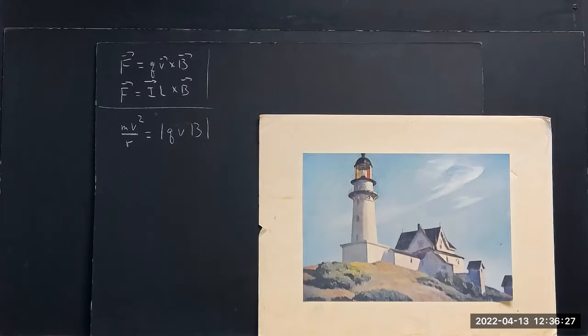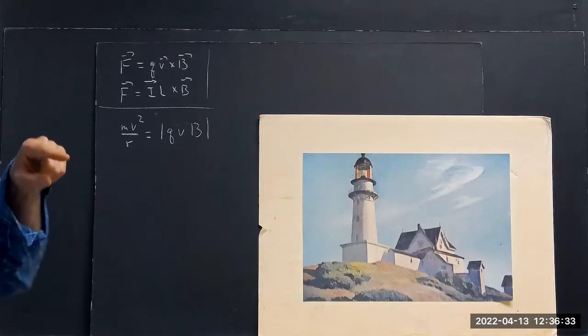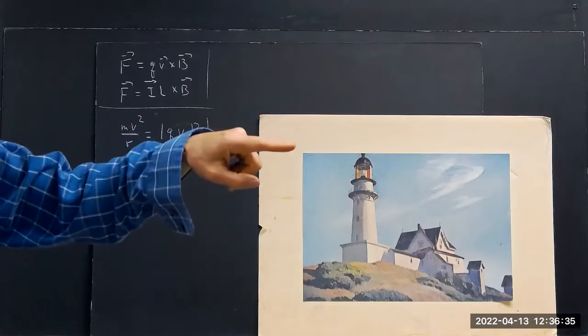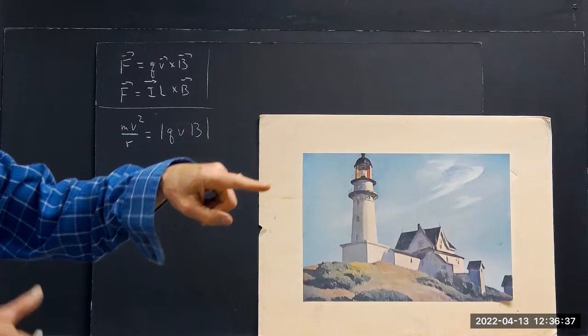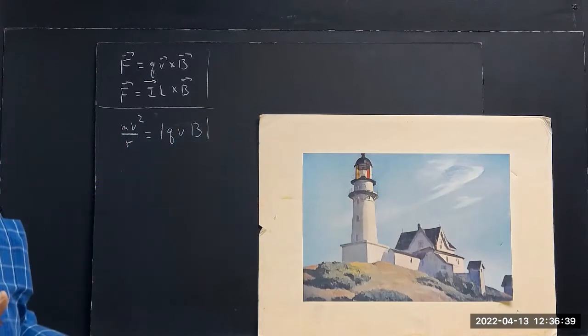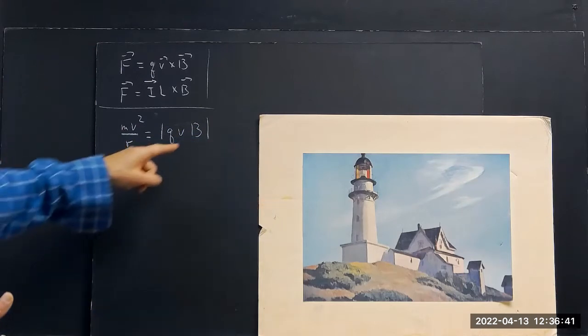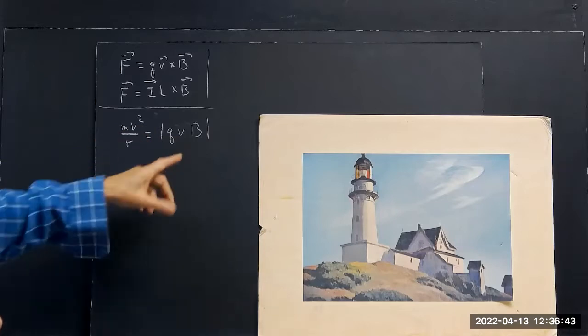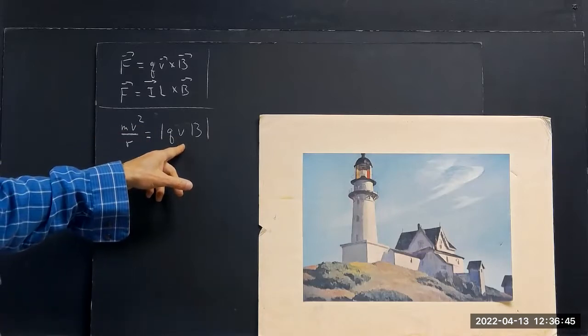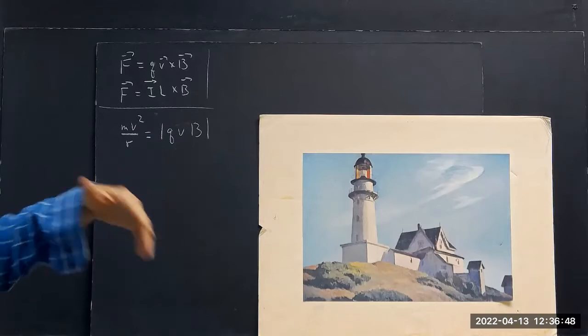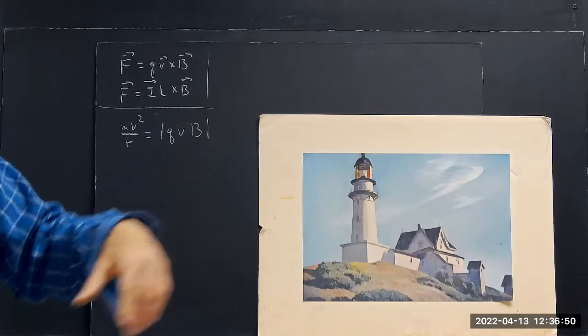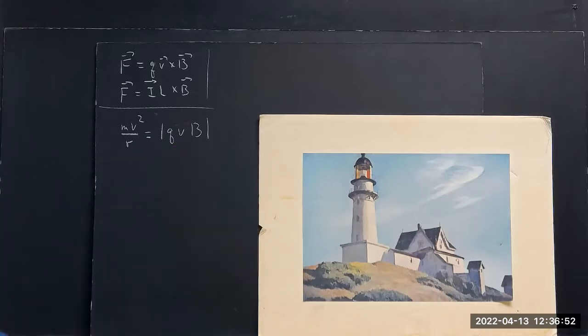The condition here is you've got a charge moving in some plane, and you've got a magnetic field perpendicular to the plane. Then the charge, assuming it maintains its speed, assuming there's nothing to slow it down, except maybe the magnetic field.